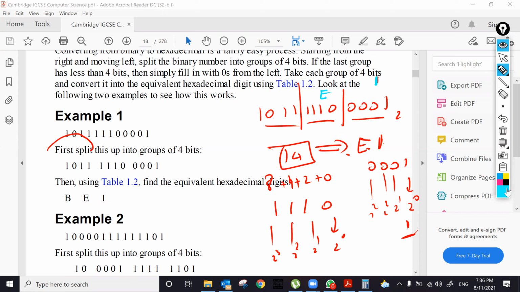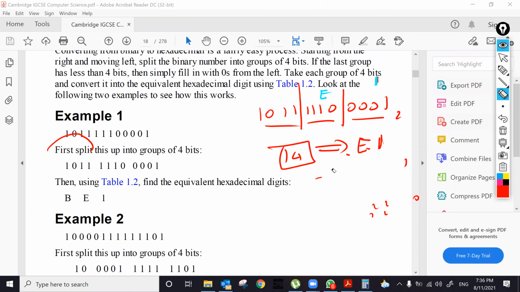Then the next one: 1, 0, 1, 1. Here 8, 2, 1. You know this now.